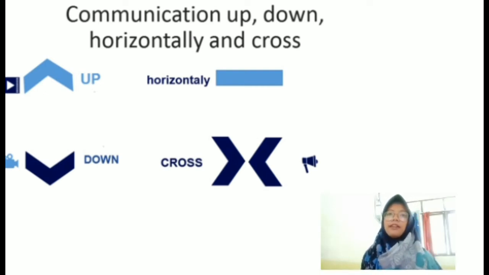And then the third one, horizontal communication. This kind of communication allows managers at the same level in an organization to more effectively coordinate their activities, such as staff meetings and face-to-face conferences.